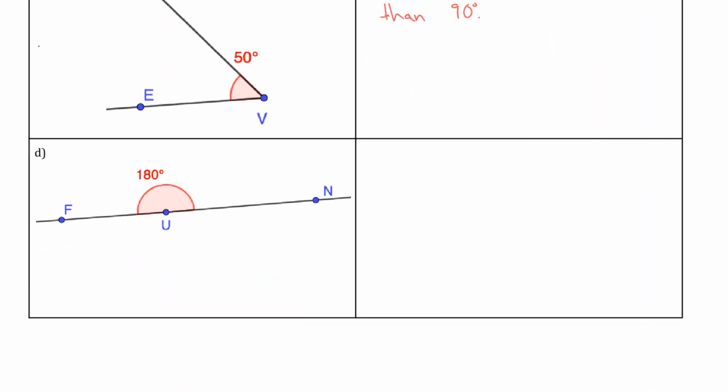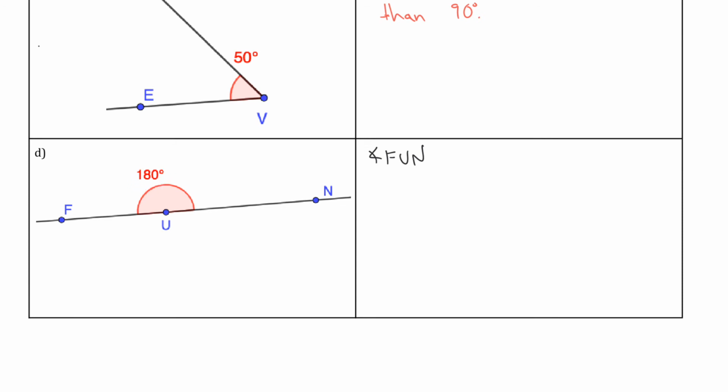Alrighty, last but not least is example D here. Now, taking a look at this angle, technically the vertex would be here at point U. So beginning at the point on one of the sides of the angle, starting at F, to U, to N, I can call this angle FUN, or angle fun. And angle FUN measures exactly 180 degrees.